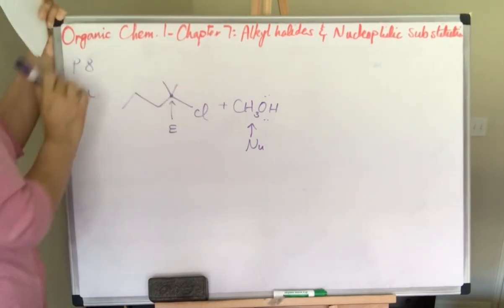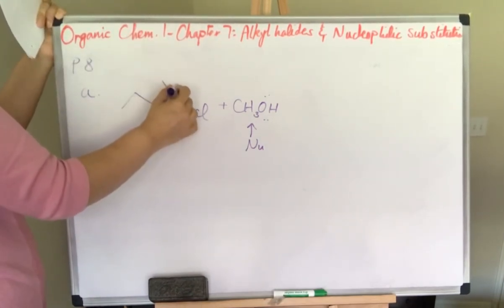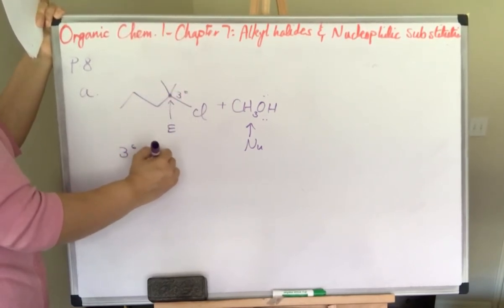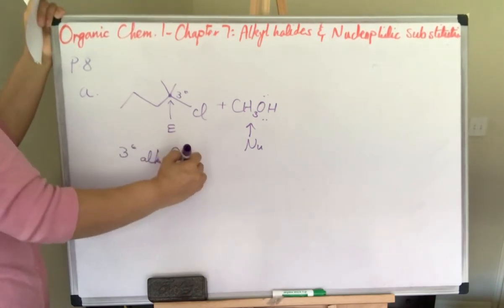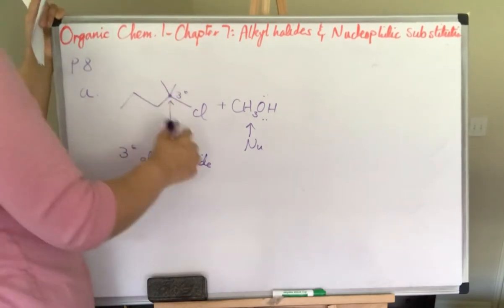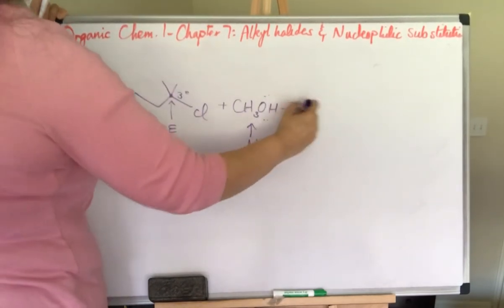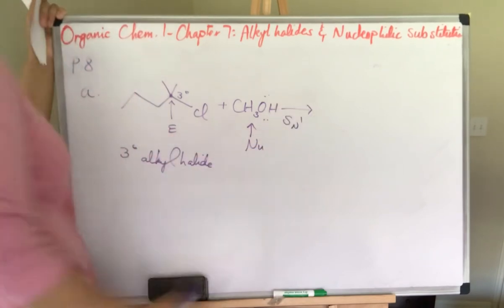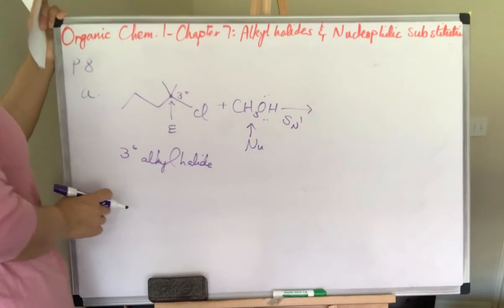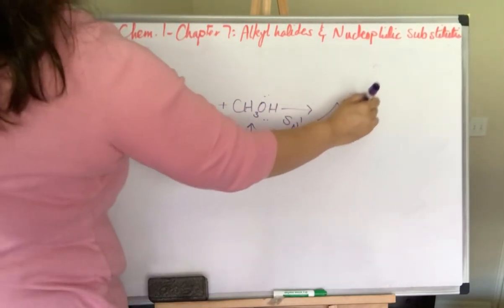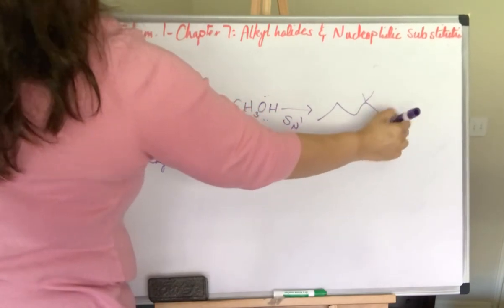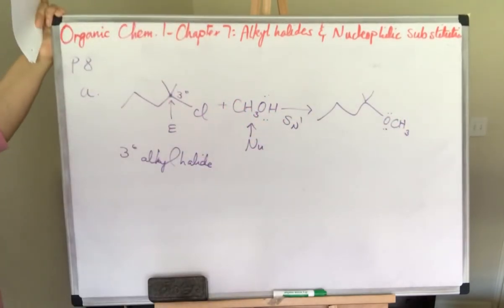The carbon connected to chlorine is connected to 3 more carbons, so it's tertiary. Tertiary alkyl halide. A nucleophile is strong, so for tertiary alkyl halides, the reaction goes through SN1. The final product of the reaction, since the mechanism is not asked, is going to be a substitution of chlorine with OCH3. Feel free to draw the mechanism.